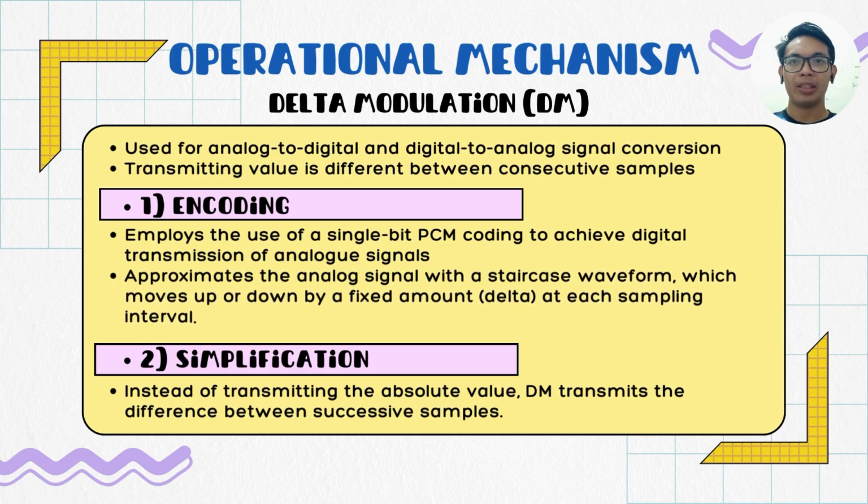During encoding, this technique employs single-bit PCM coding to achieve digital transmission of the analog signal, by approximating the analog signal with a staircase waveform which moves up or down by a fixed amount delta at each sampling interval. Instead of transmitting the absolute value, DM transmits the difference between successive samples for simplification.